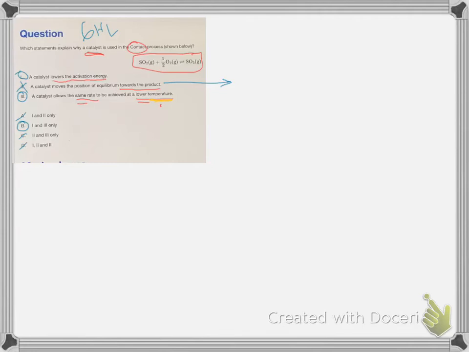For a slow reaction, I've done some research, and apparently it could take some years in certain reactions. So, in conclusion, a catalyst speeds up the rate at which a reaction reaches dynamic equilibrium. And that is why 2 is wrong, because it does not affect the position of equilibrium.